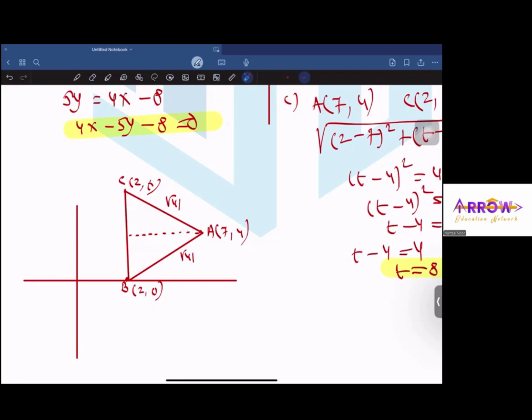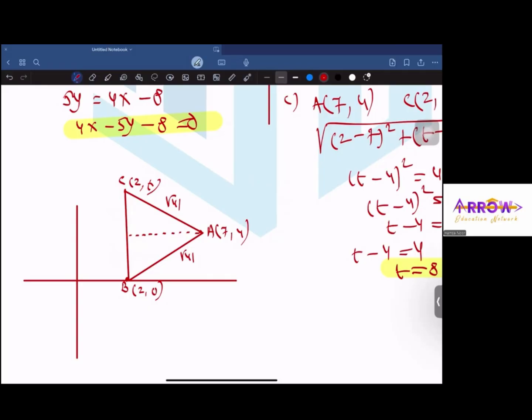Okay, so if we consider this point A, the y coordinate of A is 4, meaning this length is 4. When this length is 4, this length is also supposed to be 4. So t can be obtained in this way, 4 + 4. Or you can simply say t is equal to 2 multiplied by 4, meaning 2 multiplied by the y coordinate of A. Otherwise, this won't be an isosceles triangle.